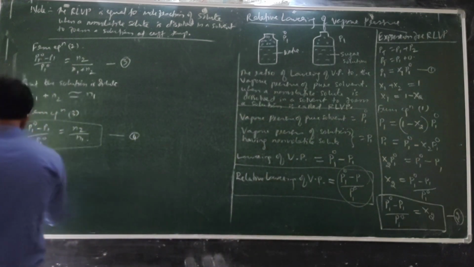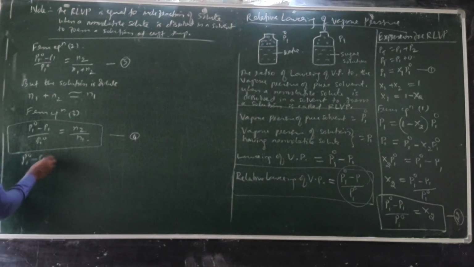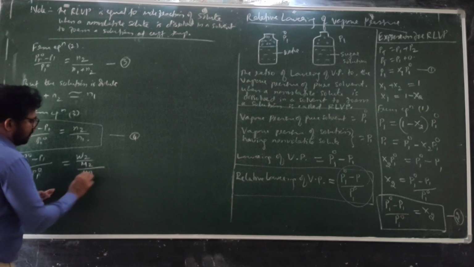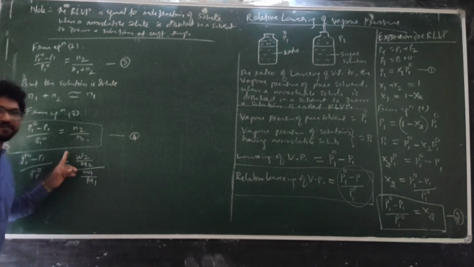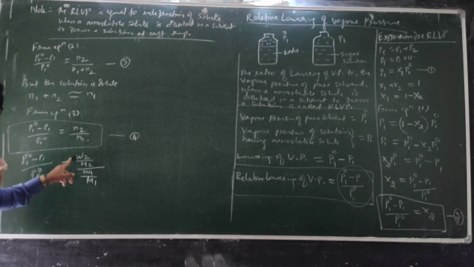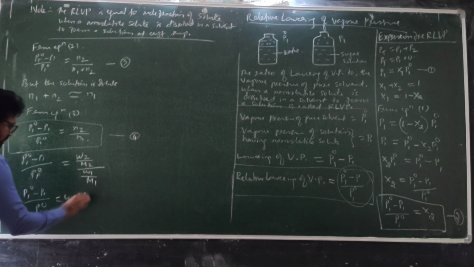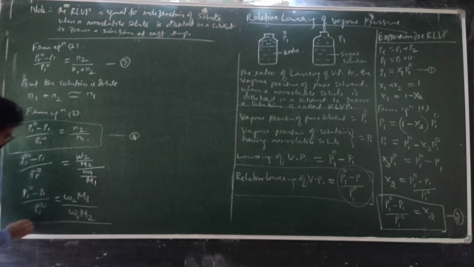So I continue: P1 naught minus P1 by P1 naught. Knowledge of stoichiometry: n2 is W2 by M2 divided by W1 by M1, mass by molar mass, 2 for solute, 1 for solvent. Now to operate this, P1 naught minus P1 by P1 naught equals W2 M1 divided by W1 M2.